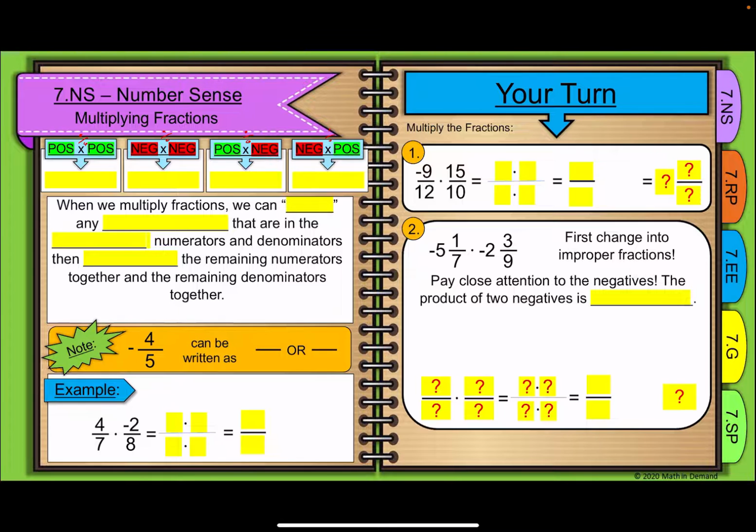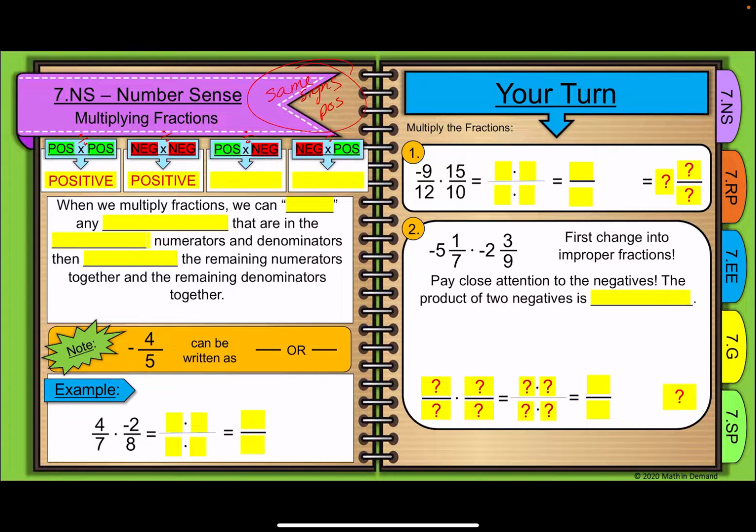Positive times positive, you've been doing this since you started multiplying and dividing, is positive. A negative times a negative also gives you a positive. So when your signs are the same, your answer is positive.